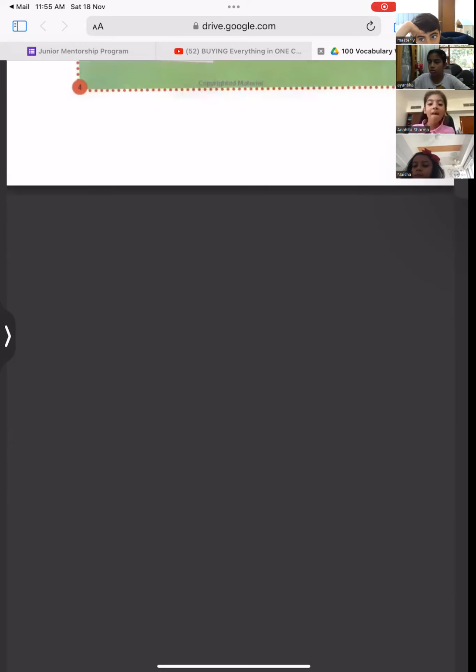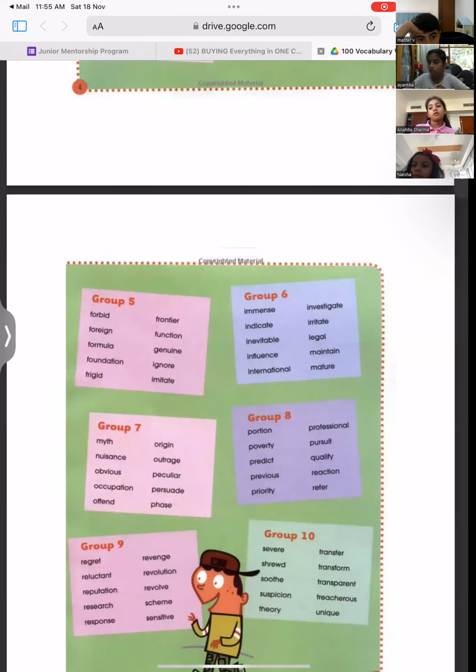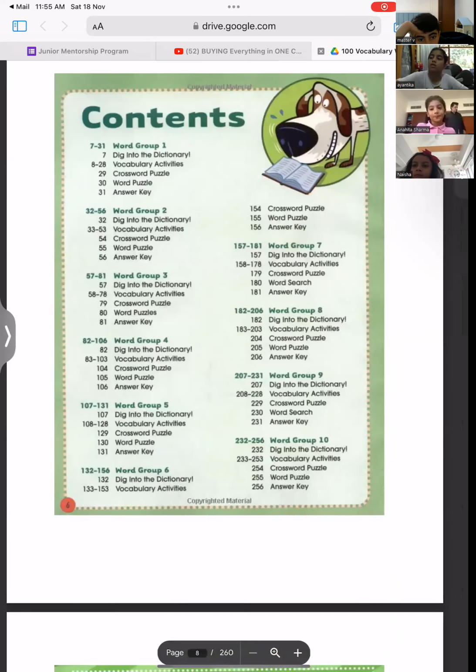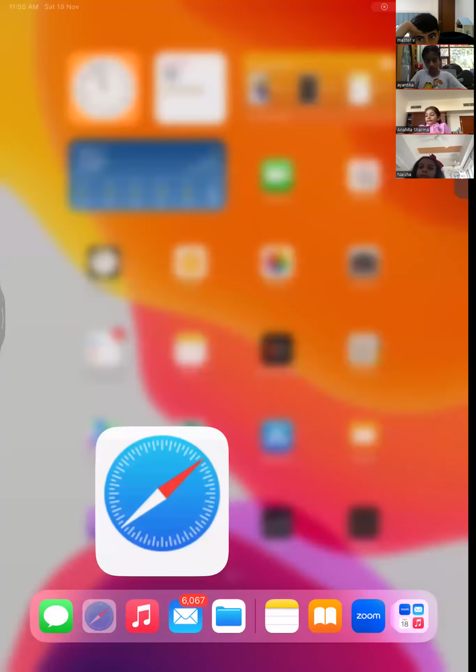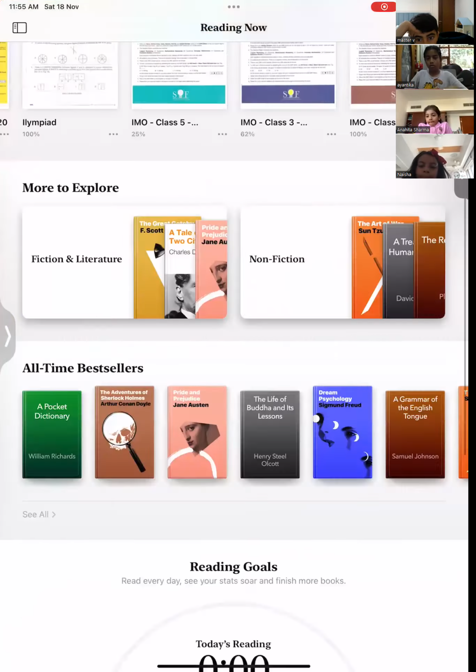Let's give some time for this to open up. Can we quickly revise suffix, prefix, and base word, children? Do you remember them?